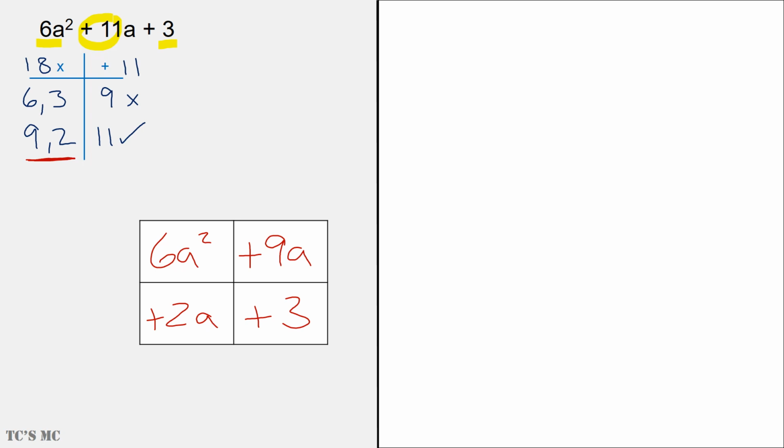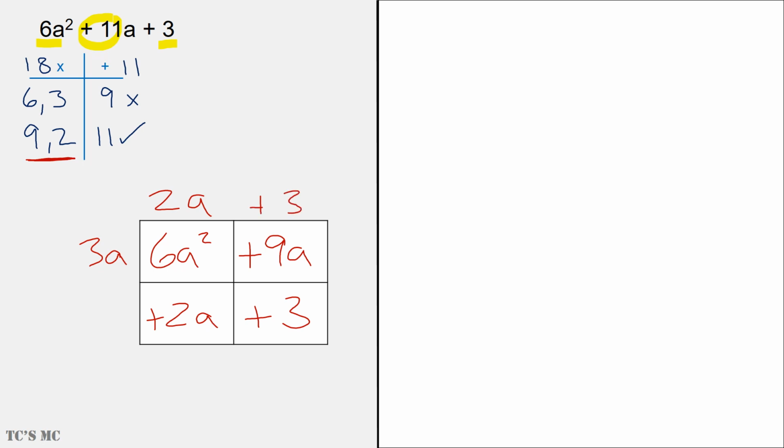Now I want to factorize. I need to know the highest common factor of 6a squared and 9a. The highest common factor is 3a. 3a times what gave us 6a squared? 2a. 3a times what gave us 9a plus 3.